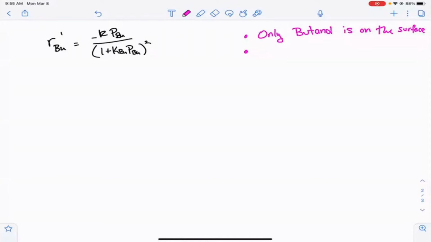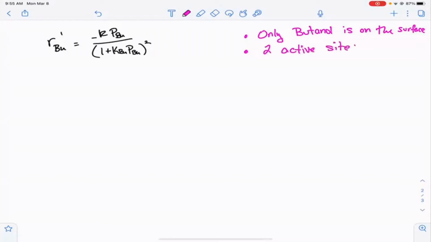Now, where does the denominator come from in our problems? Usually the C_V expression. Exactly. So if it's squared, what do we know? Does that mean there's two active sites? Exactly. So we know there has to be two active sites in the mechanism.